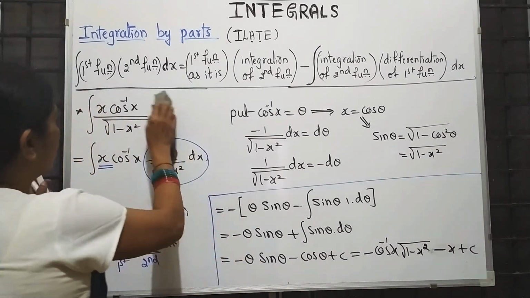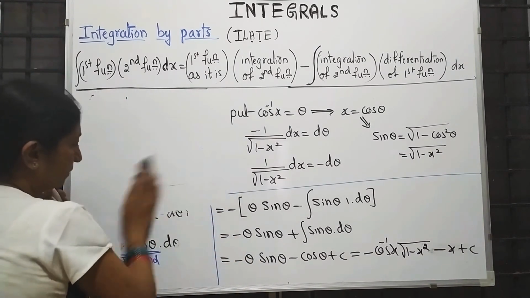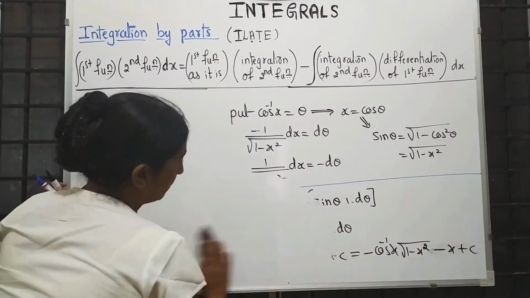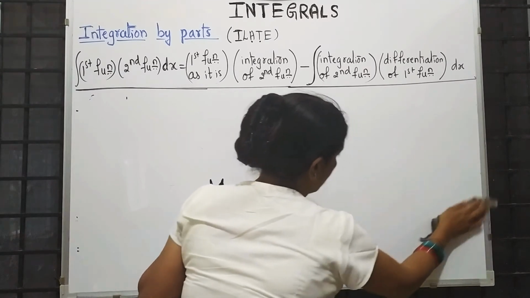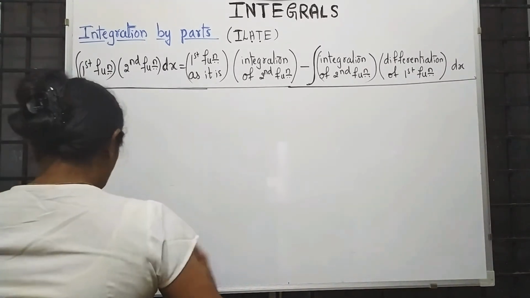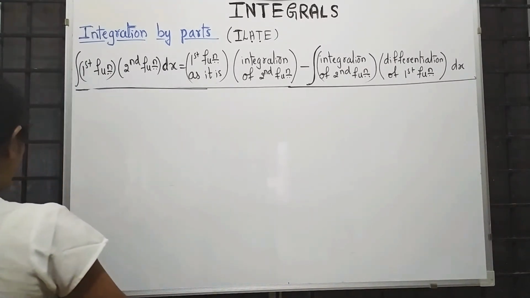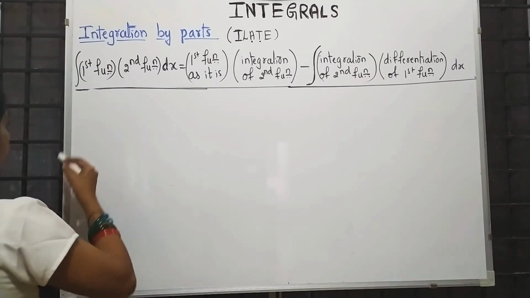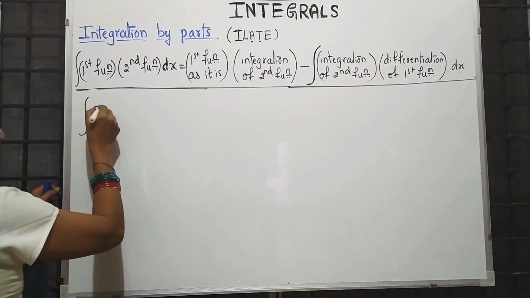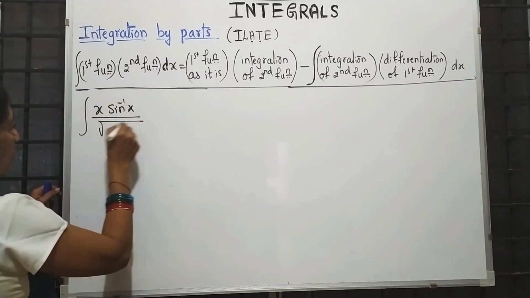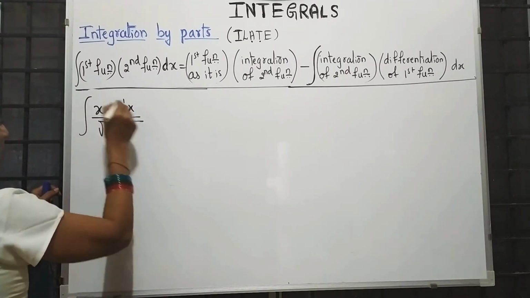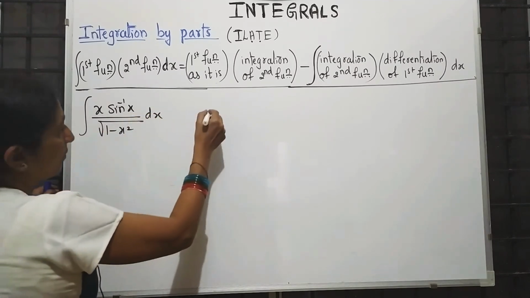Moving to the third one. Integration of x into sin inverse x upon root of 1 minus x square. It is exactly similar to the previous one.